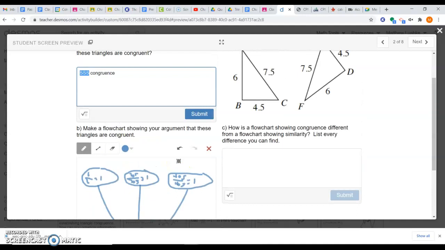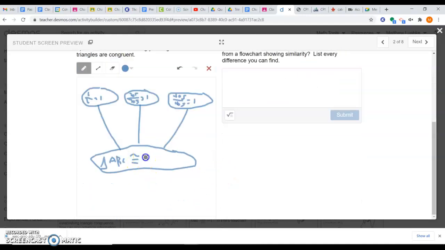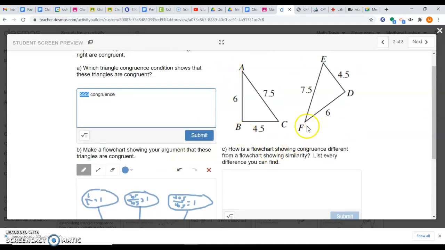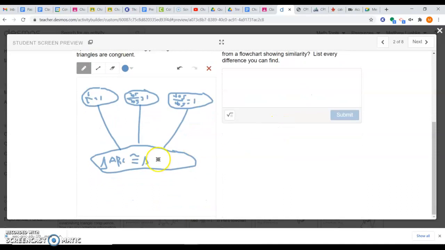You could lose a point on a test or quiz or formative if you do not include the sign. And then you have congruent to triangle, and let's make sure the order is right. I did ABC, so it's going to be FDE. All right, and then those are congruent by side, side, side congruence, and I put that outside the bubble.